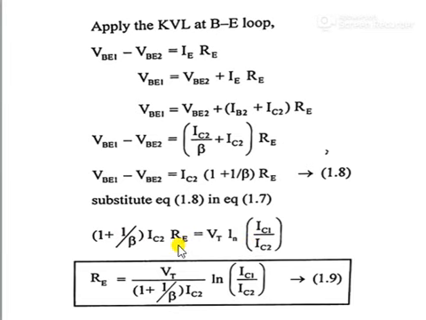Therefore, cross multiplying, RE is equal to VT divided by 1 plus 1 by beta into IC2, times ln IC1 by IC2. Using this expression, we can determine the value of resistor RE required for a particular value of IC1 and IC2.